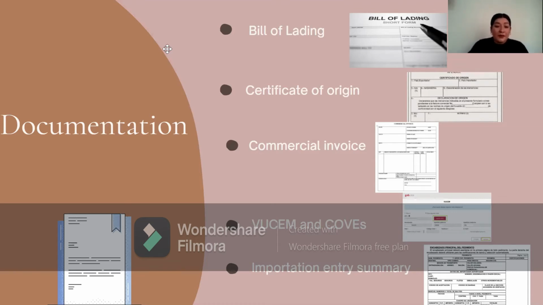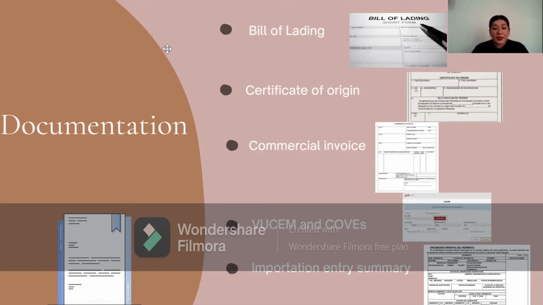Okay, after that we have the VUCEM and the COVE. We need to check that the import complies with all the provisions of the Mexican Foreign Trade Single Window, the VUCEM. And after we have confirmed that it complies with every single one, we can get an electronic value voucher, with which we can prove that we comply with every single one and that we have all the documents.